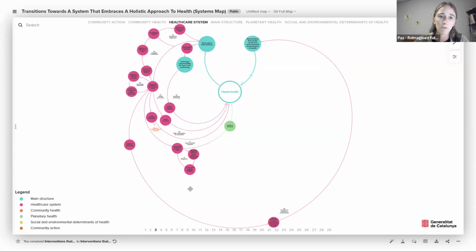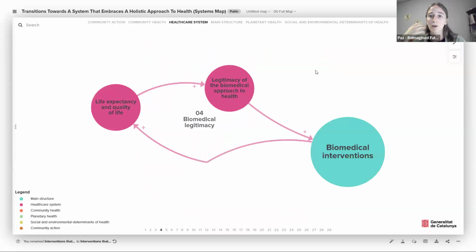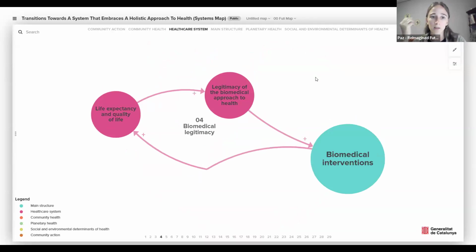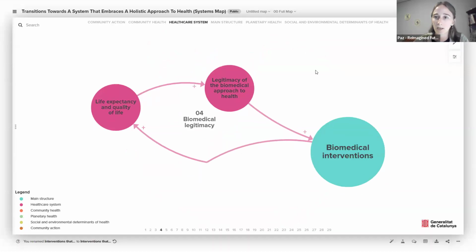So for example, loop 4 explains the obvious, right? The biomedical interventions have a history of contributing to improving the quality of life and life expectancy.